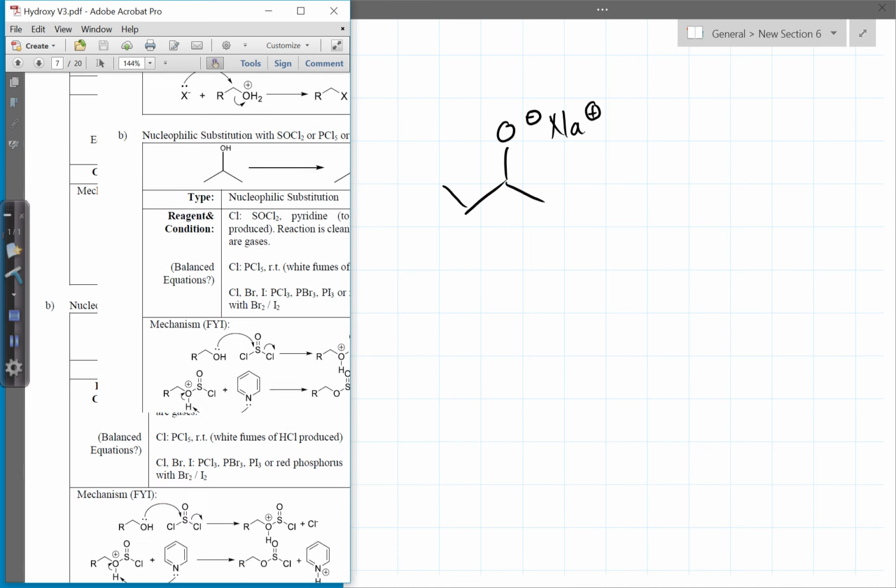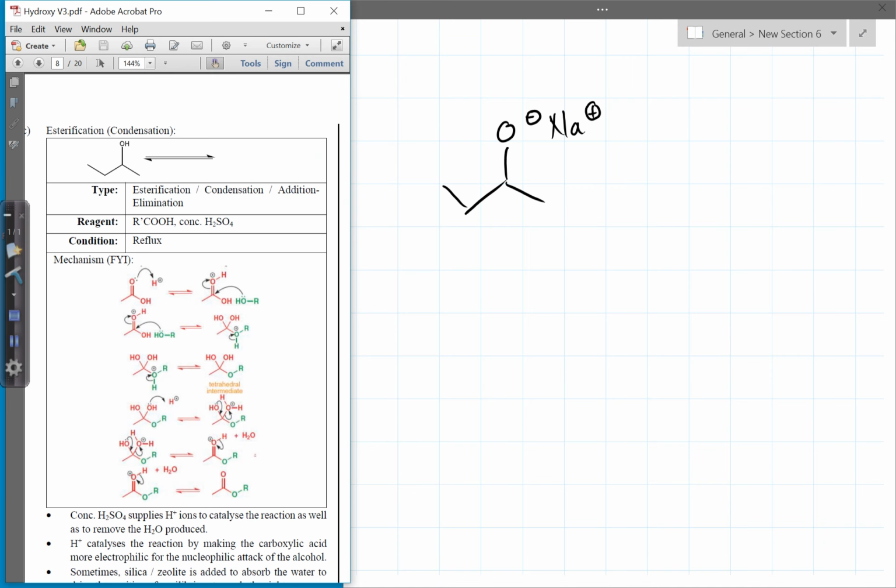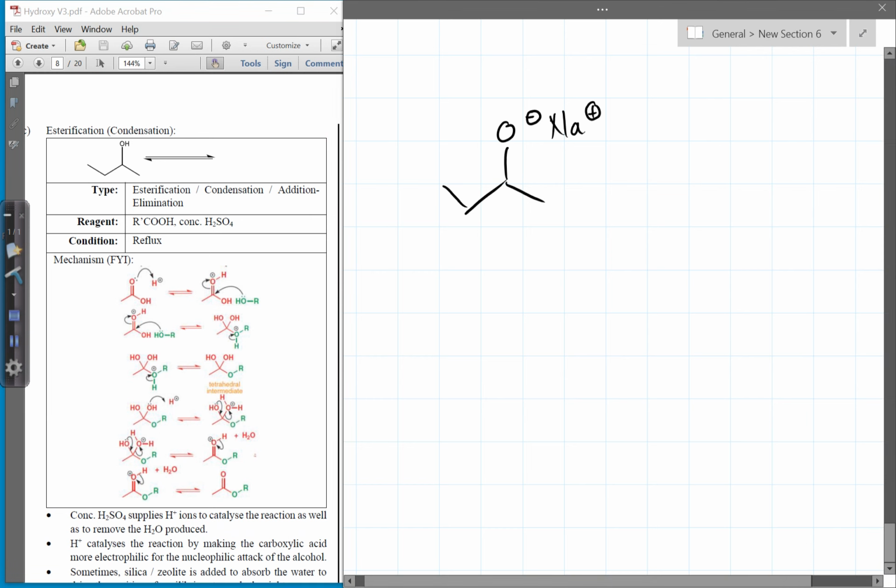For the next one, once again, is esterification. This reaction you already learned in secondary school, right? If you add alcohol to carboxylic acid under reflux, in con H2SO4, you generate the corresponding ester, right? So if you introduce your RCOOH, you just get the corresponding ester, right?